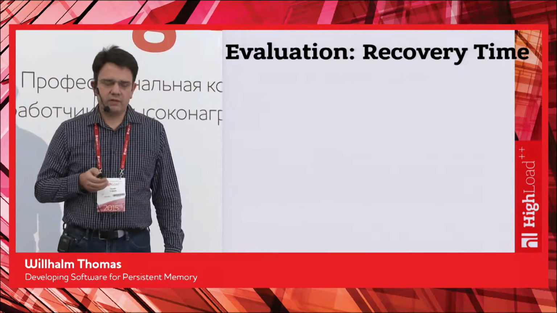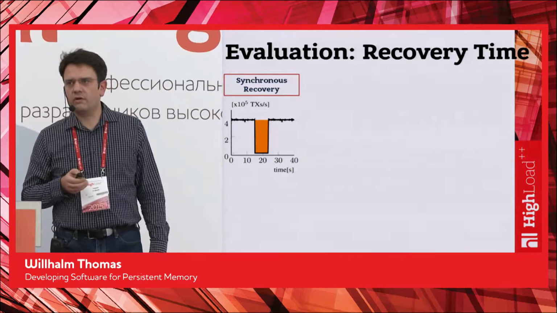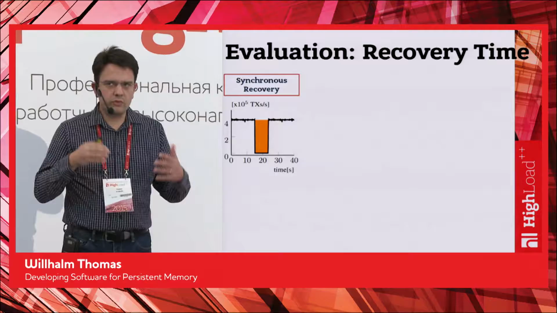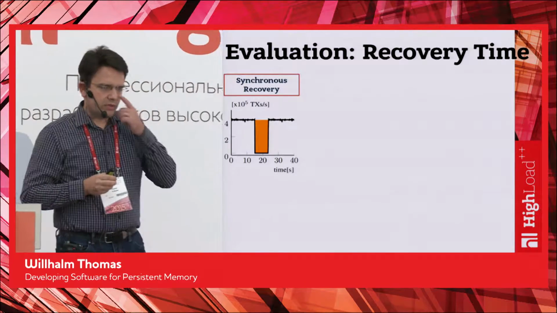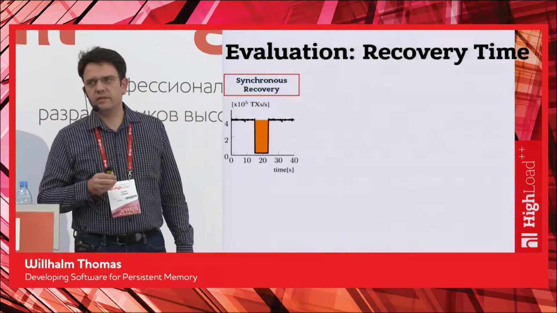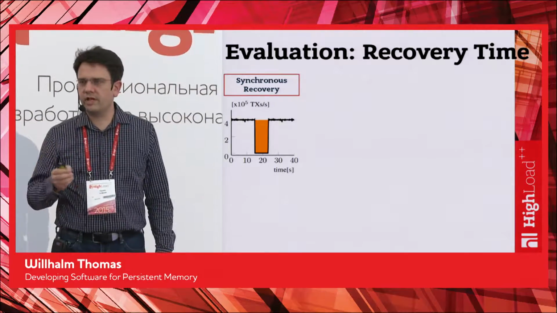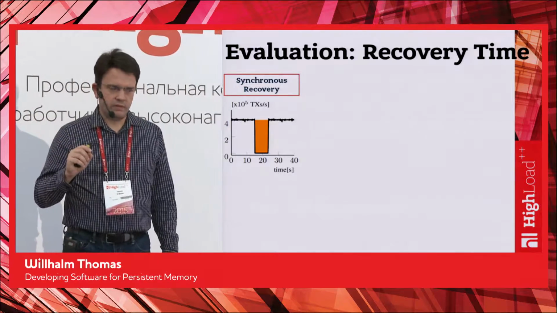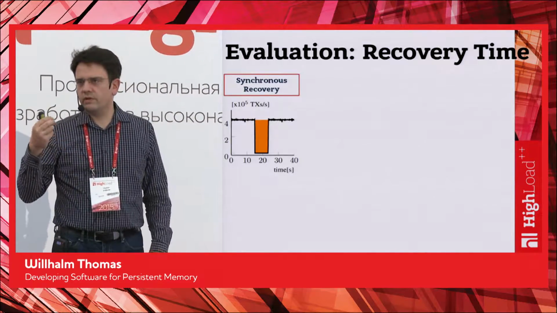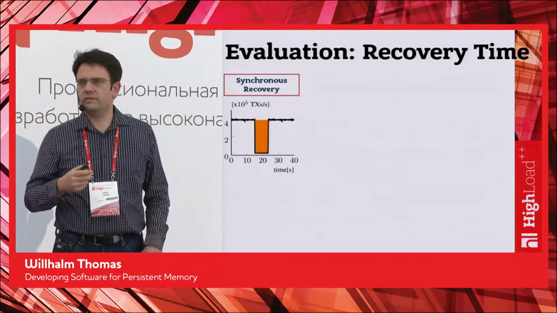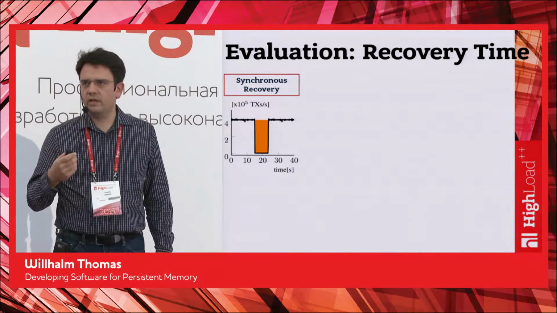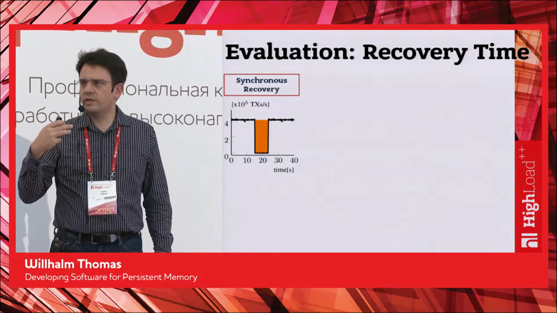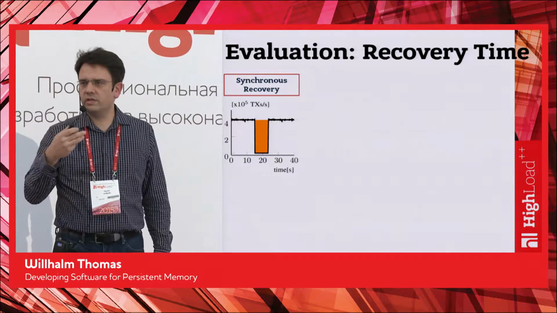Then we looked at the recovery time of our new database prototype. What you can see here on the left in this chart is the throughput over time. Then the database is restarted. That's when the performance drops. Then we need some time to map the persistent memory, and even more time to rebuild these data structures in DRAM.